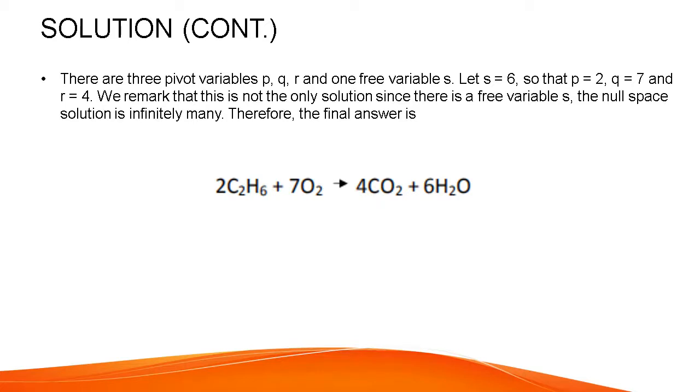Therefore, the final answer is 2C2H6 plus 7O2 will become 4CO2 plus 6H2O. Hence, the chemical equation is said to be balanced because the number of atoms of the product side and the reactant side is the same.